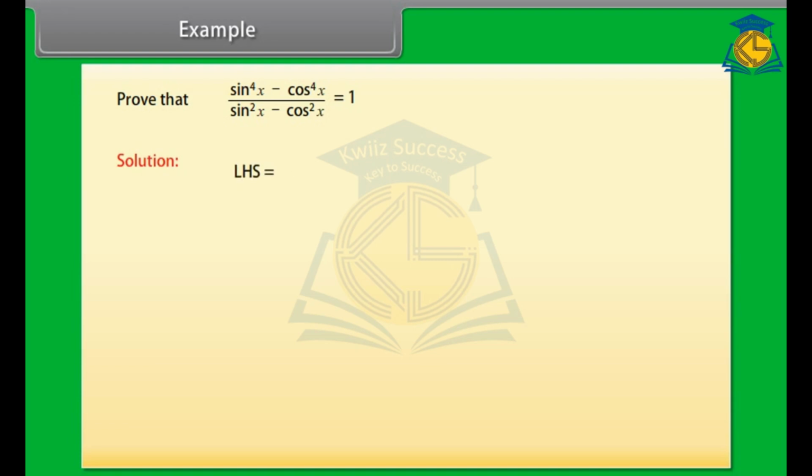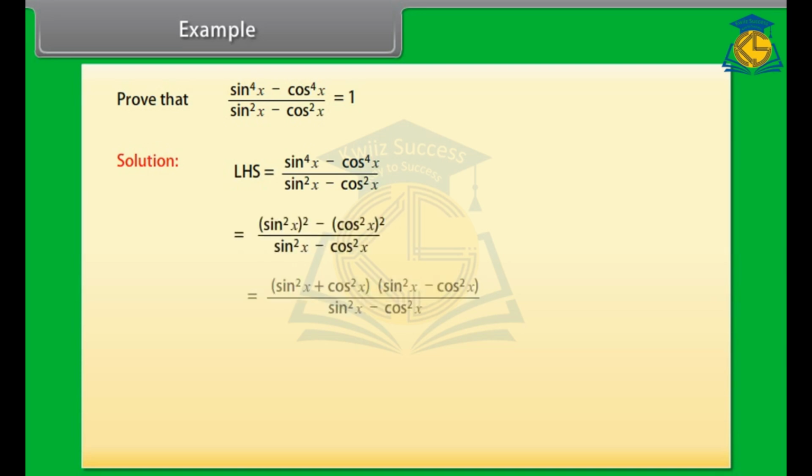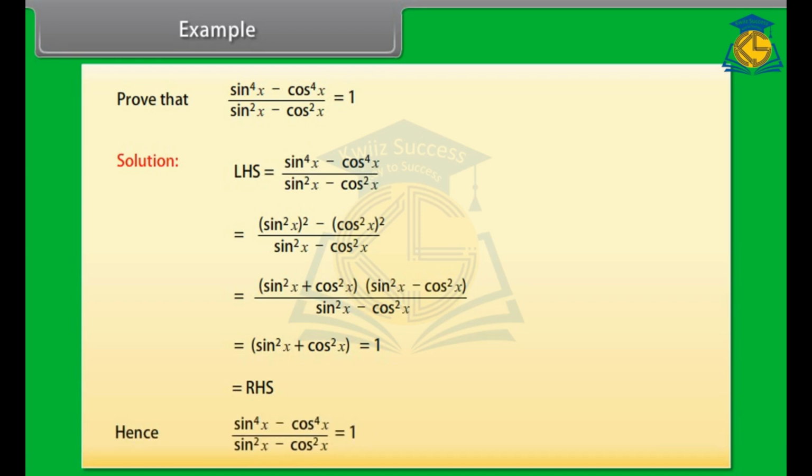On solving the left-hand side, which is sin raised to the power 4x minus cos raised to the power 4x whole upon sin square x minus cos square x, we get 1. And this is equal to right-hand side. Hence, sin raised to the power 4x minus cos raised to the power 4x whole upon sin square x minus cos square x is equal to 1.